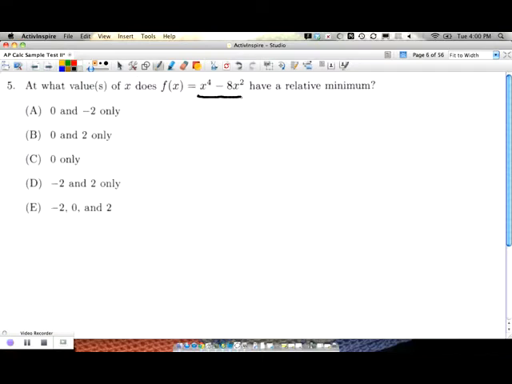At what value does this function have a relative min? Whenever you hear relative min, or even min or max of any kind, you should be thinking first derivative, because that's going to tell you slopes, and slopes help you interpret mins and maxes. So as I'm looking at this one, I want to find the derivative.